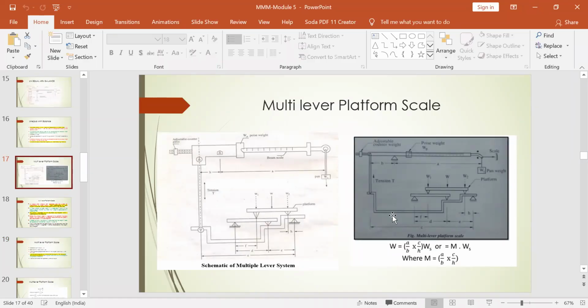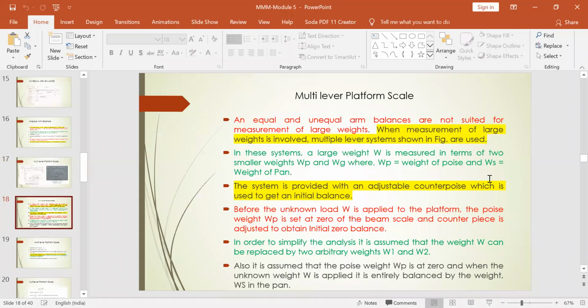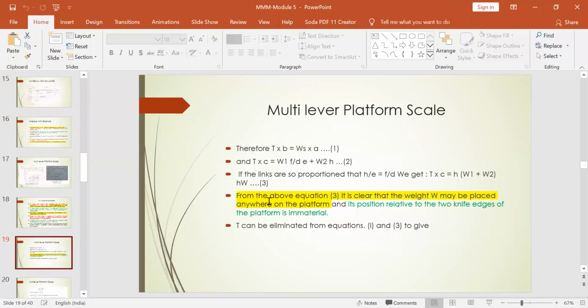You do not have any relation which will affect the balancing of the arm across the poise weight and the pan weight. So by this equation it is clear that the weight can be placed anywhere on the platform and its position relative to the knife edges is immaterial, meaning it is not affecting in any way.